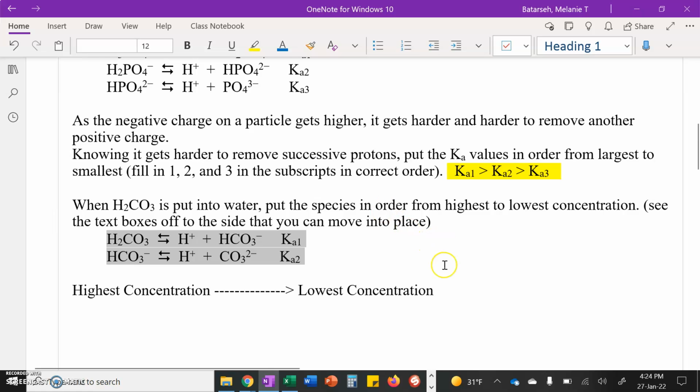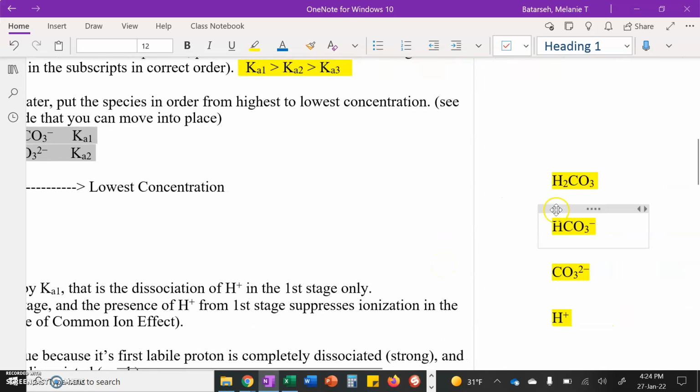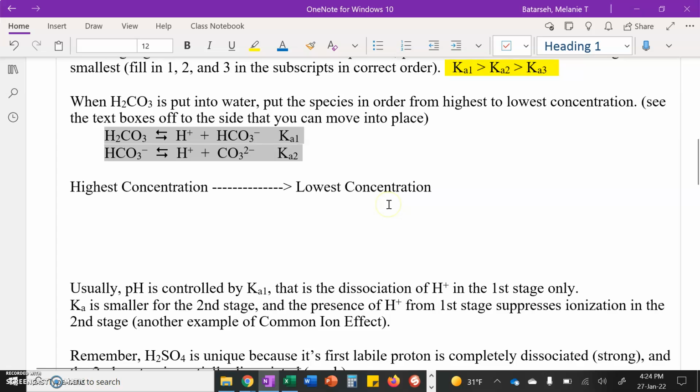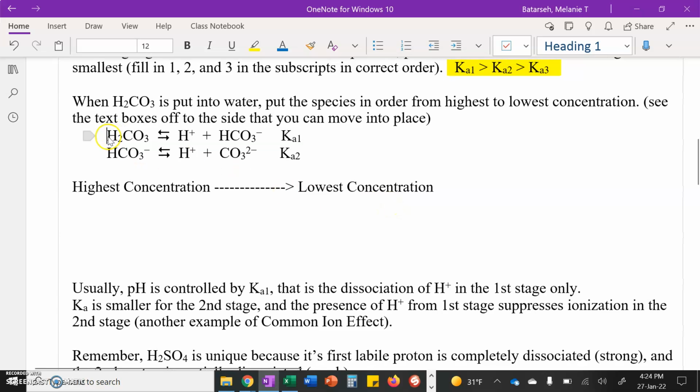I want to figure out, of these 4 chemicals, which one has the highest concentration and which one has the lowest in solution. If I put this chemical into solution, what will the relative concentrations end up being? Ka1 is bigger than Ka2, but remember, it's still weak.